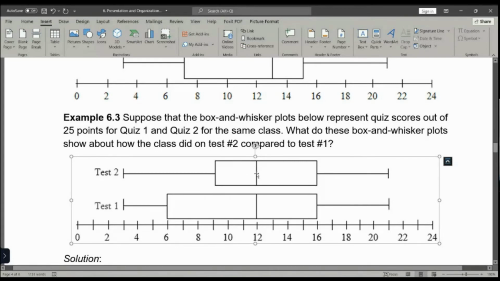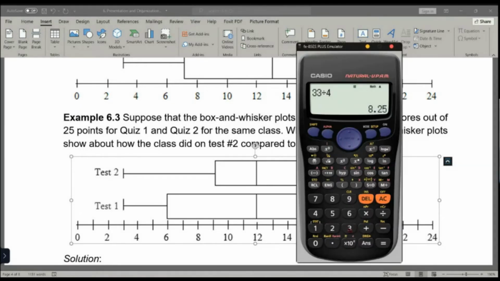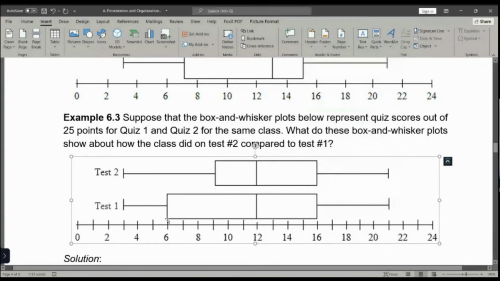Okay? 31 being the middle. The midpoint of 31 is, 31 plus 1 is 32 over 2. Here we can see the midpoint. It's at the 16th.